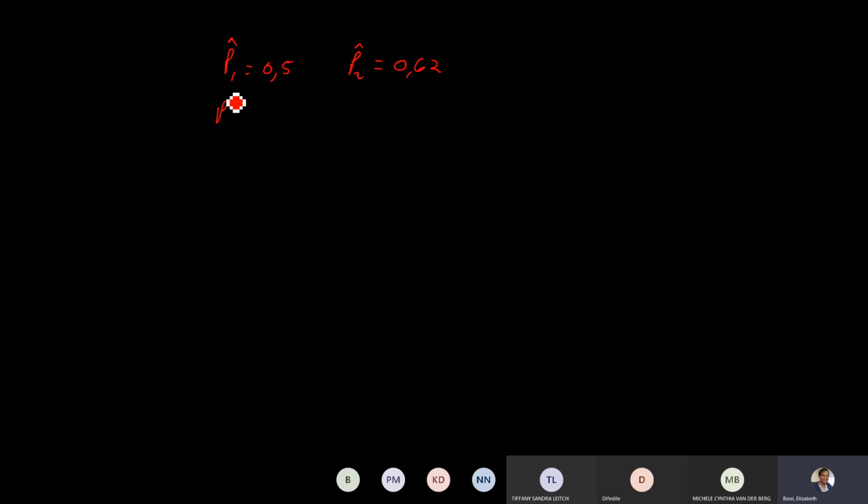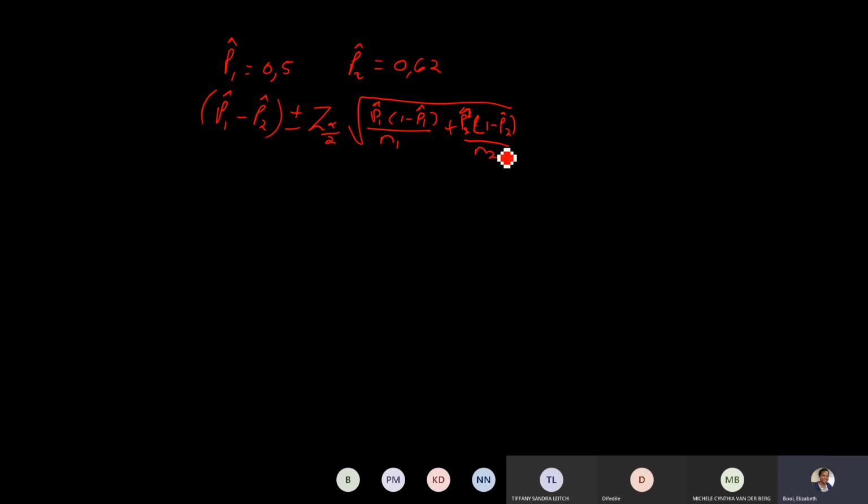Now to substitute into the equation, plus or minus Z alpha divided by 2 times the standard error, which is sample proportion 1 times 1 minus the sample proportion 1 divided by N1, plus P2 times 1 minus P2 divided by N2. And we substitute into the formula.